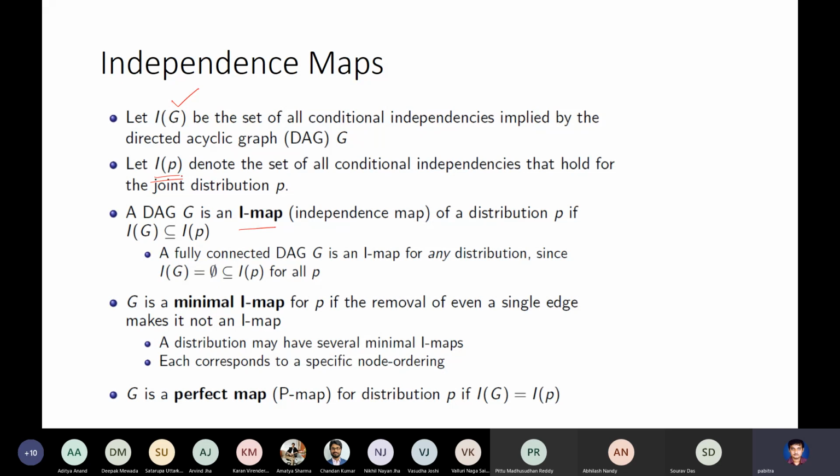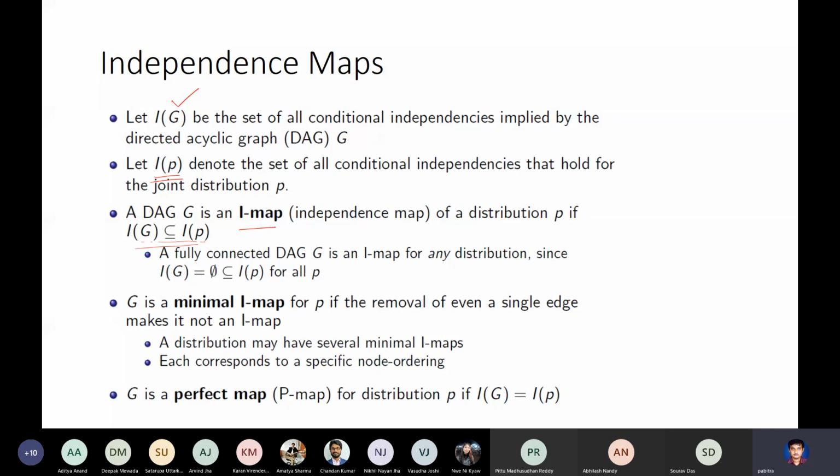So the question is, is this a correct one? We'd say a DAG G is an I-map for a distribution P if the set of independences obtained from the graph is a subset of the set of independences that may possibly hold true. If this condition holds, the graph doesn't have any spurious or extraneous independences inferred.